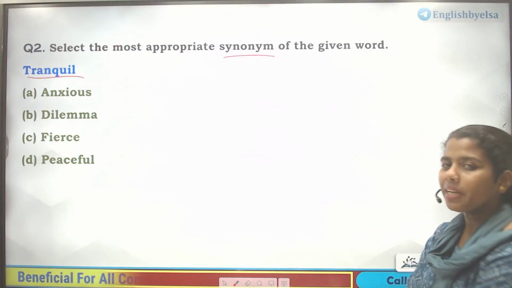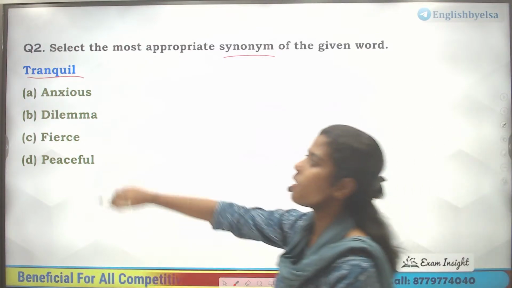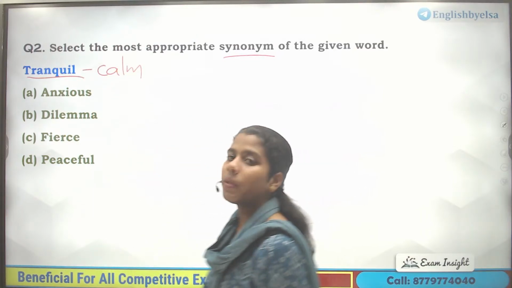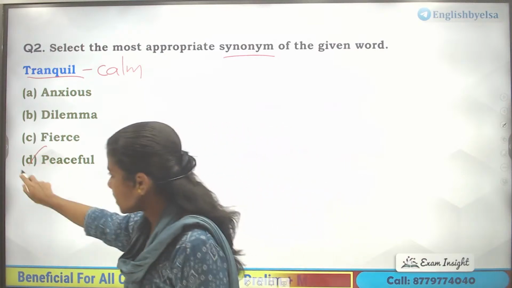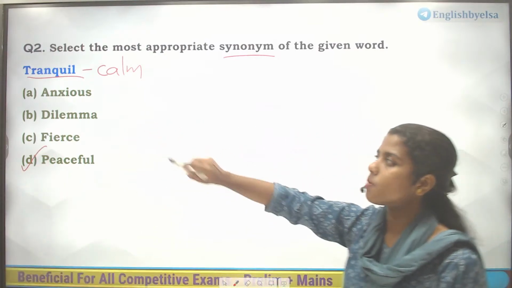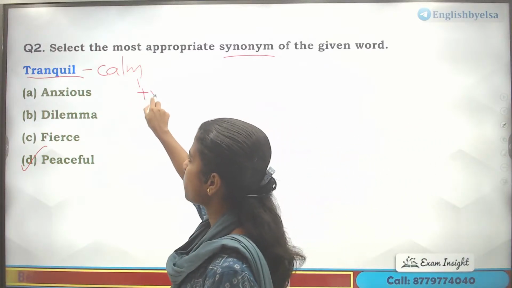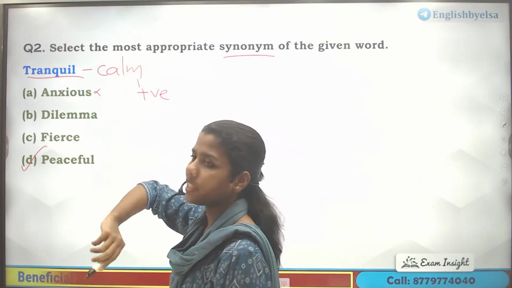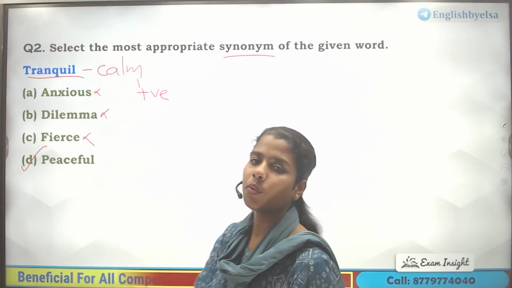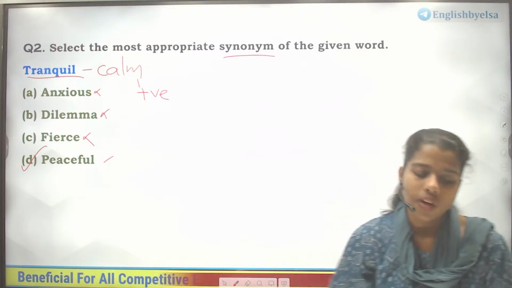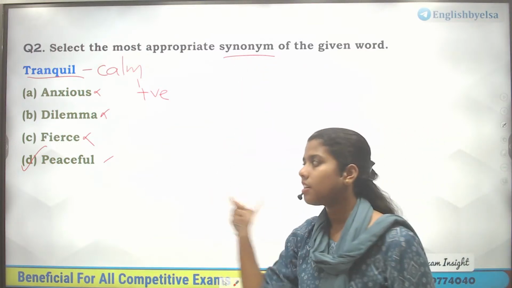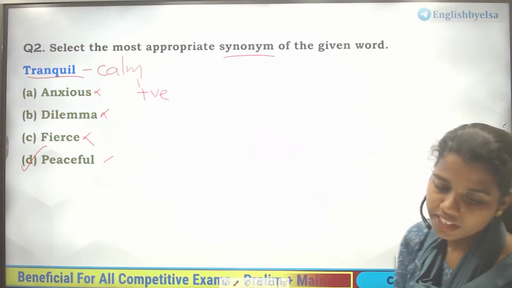Tranquil is a positive word which means calm and peaceful. Anxious is a negative word. Dilemma is a negative word. Fierce is a negative word. The only positive word in the options is peaceful, and synonym is asked. That is why my answer is option D, peaceful.